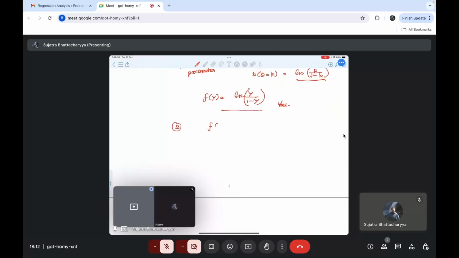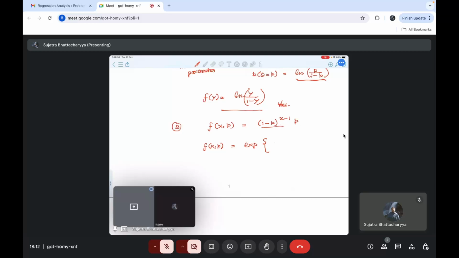Let me write f of x comma p, where x is a random variable and p is the parameter, and this is (1 minus p) to the power x minus 1 into p. The question is whether it belongs to the exponential family of distributions. To check that, we directly write it as an exponential and try to reduce the function in terms of the exponential function.